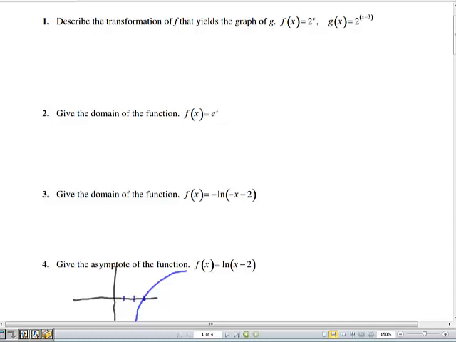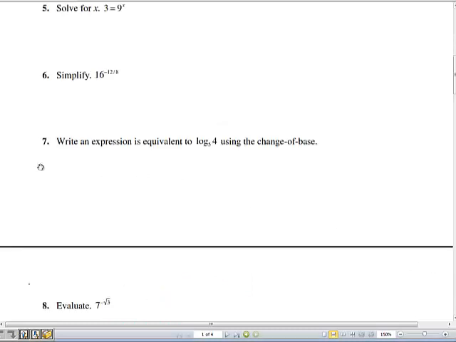So the vertical asymptote was at the y-axis, now it got shifted to the right. So now the vertical asymptote is going to be at x is equal to 2, and there is no horizontal asymptote because it goes on forever down and forever up. Okay? Alright.